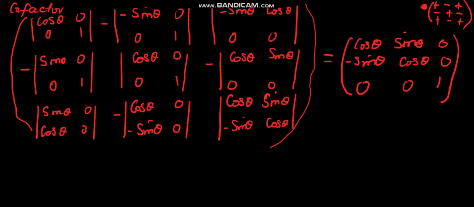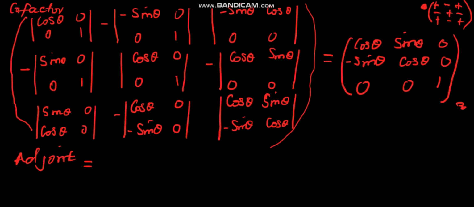Okay, so now that we have found the matrix of cofactors, the next thing we're going to do is find the adjoint. The adjoint is simply the transpose of the matrix of cofactors. So we're going to transpose this matrix: the rows become the columns and the columns become the rows.